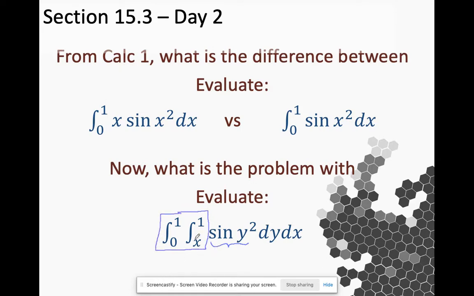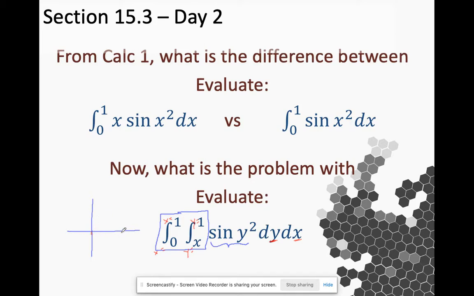This represents the xy plane, right? Since your y is on the interior, the limits of integration are y functions, and since your x is on the outside, these constants here are x constants, right? This is some surface in z space, but I can graph this, right?